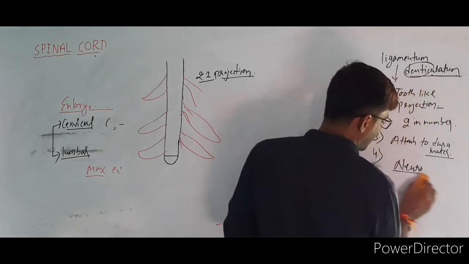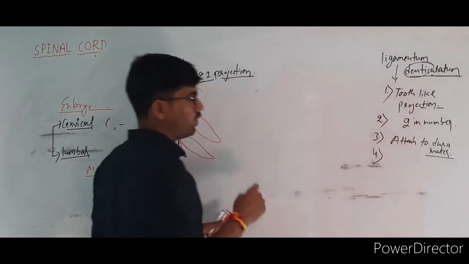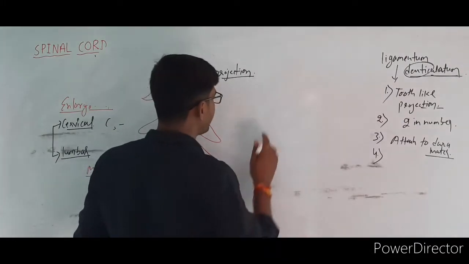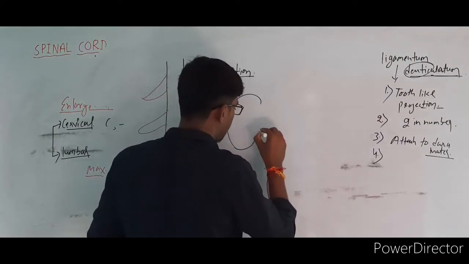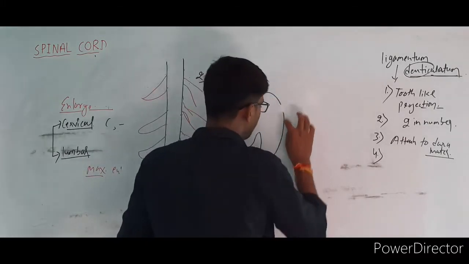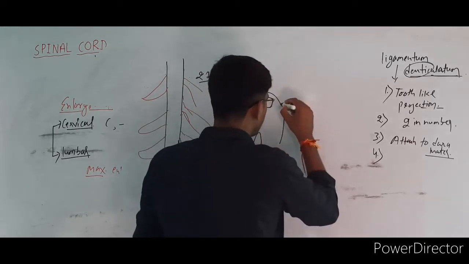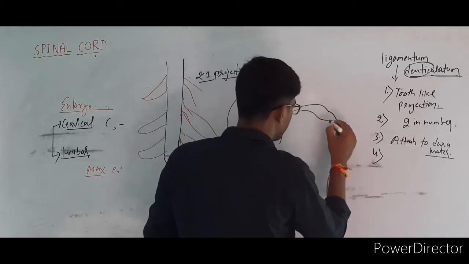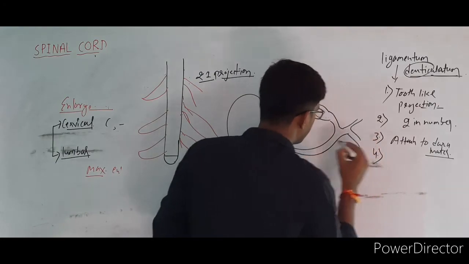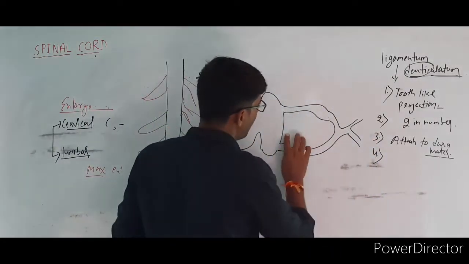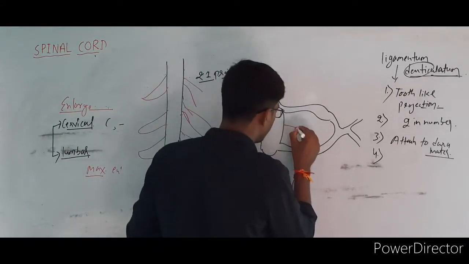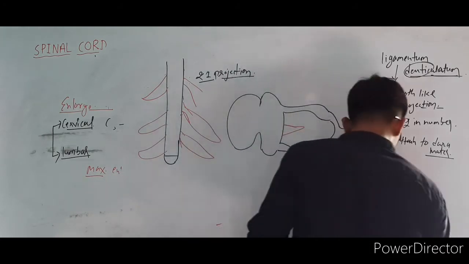In neurosurgery, if you want to do something in the spinal cord, we have to do this. So here I am drawing one diagram. Here is your spinal cord, and from here is the ventral root, and second is the dorsal root, and here is the tooth-like projection.